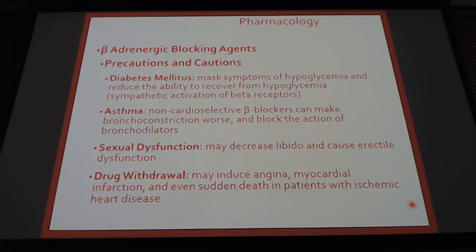In that situation, I would want to find something more selective so that my patient who has asthma isn't affected. Sometimes, depending on how bad their asthma is, we may not even use a beta blocker. But for this, just understand that if I have asthma, a non-selective beta blocker is a big no-no because it can cause bronchoconstriction, and they can have an asthma attack.